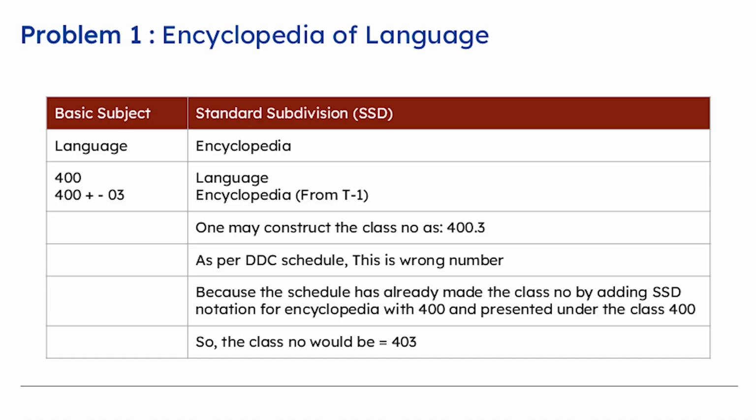And another component is that the subject is presented in encyclopedic form. It is not the subjective part. Language is the subjective part, but encyclopedia is not the subjective part. So therefore, it is the form of presentation of any subject.